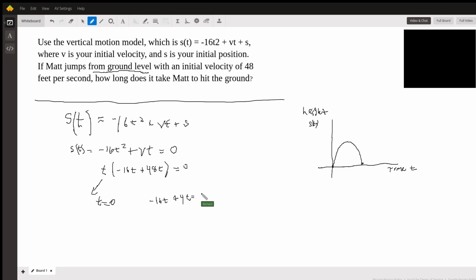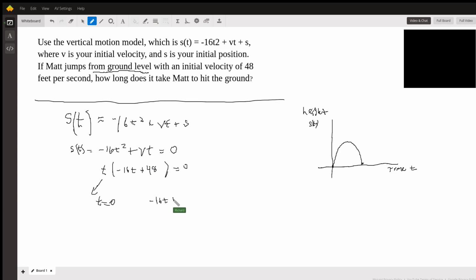That's not 48t, I'm sorry. That t doesn't belong there. Okay, so let's keep going. See, the t has already been factored out.